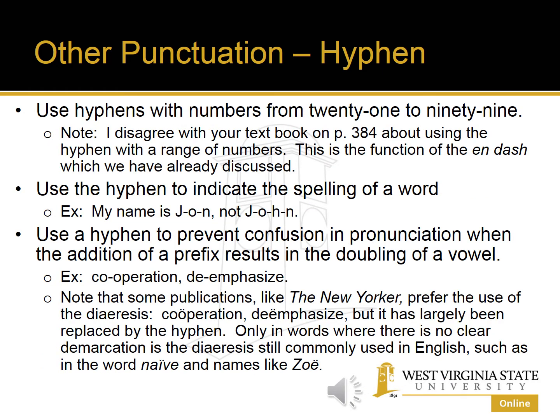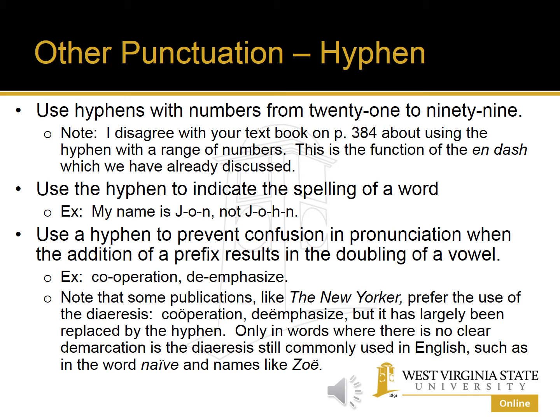Here we have a few other examples of when we would use the hyphen. We would use the hyphen between numbers from 21 to 99, and of course their derivatives. Note, however, that I disagree with your textbook on page 384 about using the hyphen with a range of numbers.